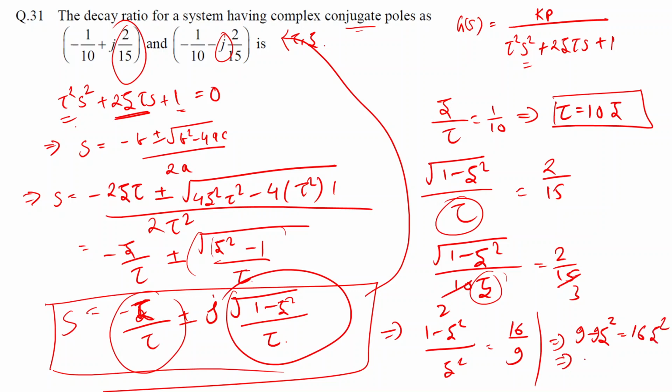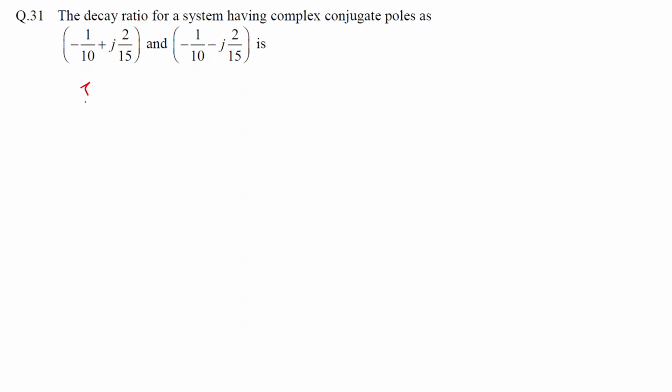So we will be having zeta square is equal to 9 by 25, since 16 plus 9 is 25. So from over here we can calculate zeta as under root of 9 by 25, so it will become 3 by 5, which is equal to 0.6.